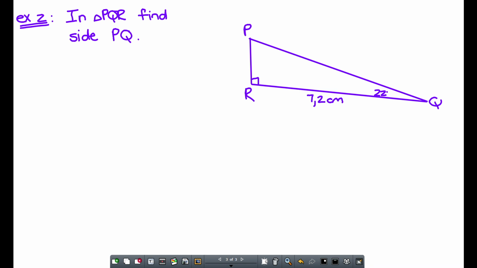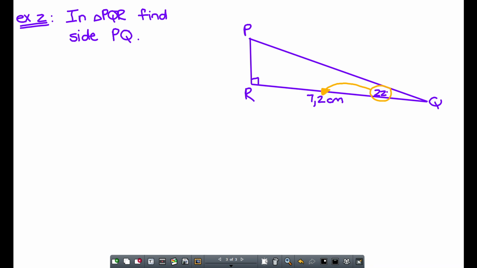Right, in daai driehoekie, we must find PQ. Alright, kan ek maar skryf? We can't work from the 90 degrees angle, so ons moet werk van daai 22 grade af, nee. Okay, what do we have? This one, en wat noem ons hom?